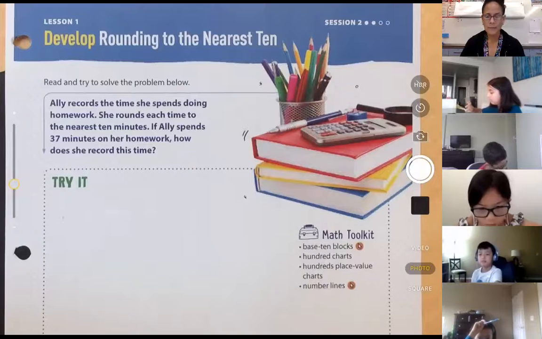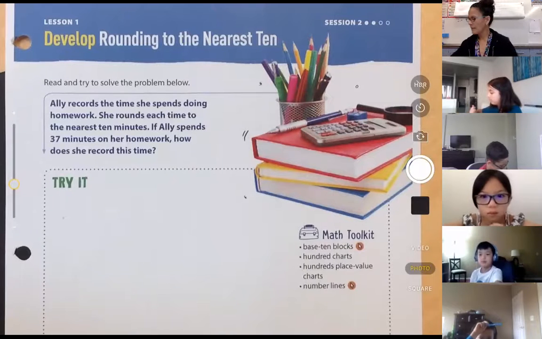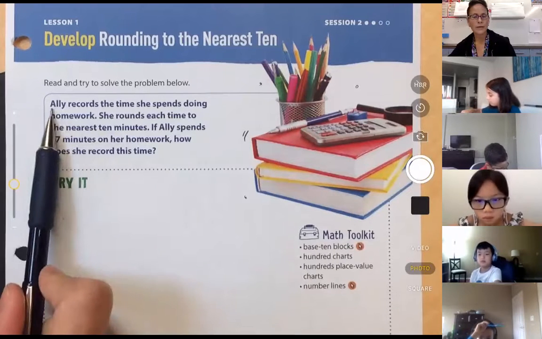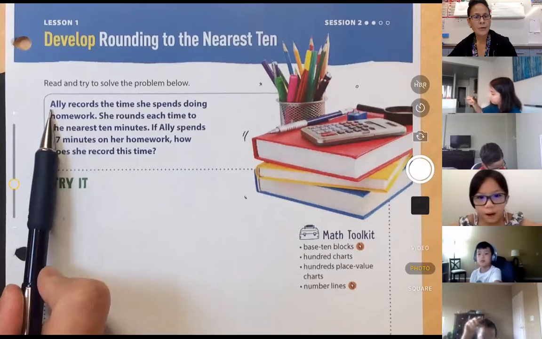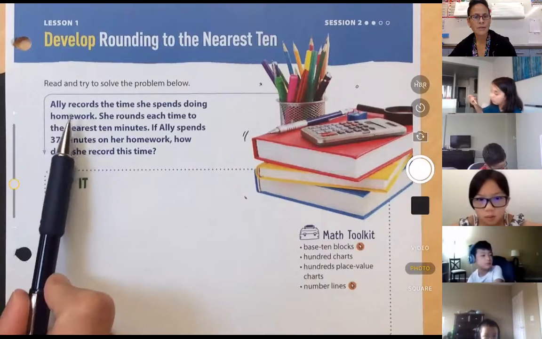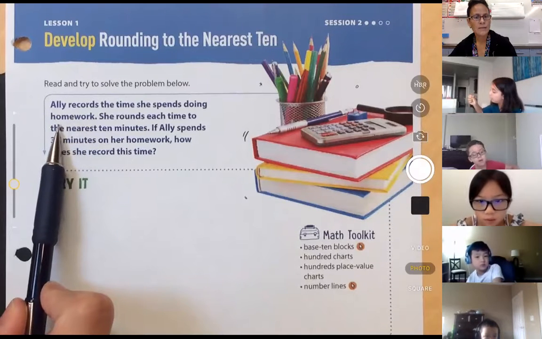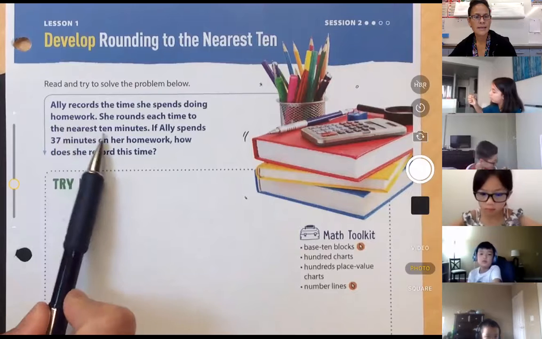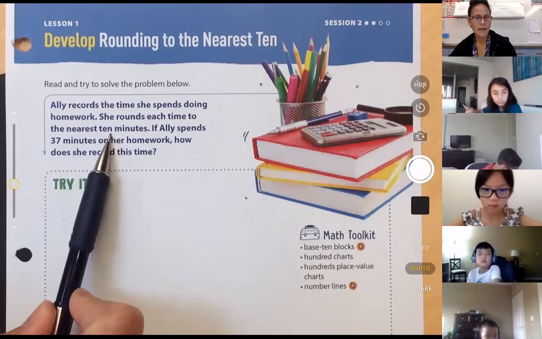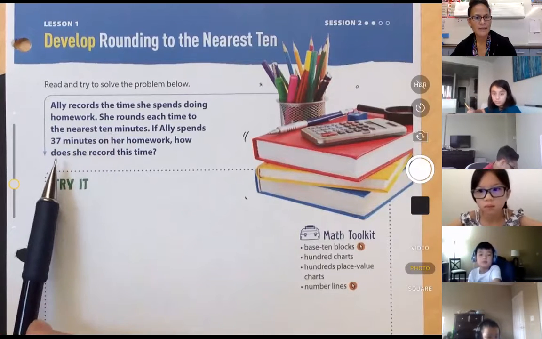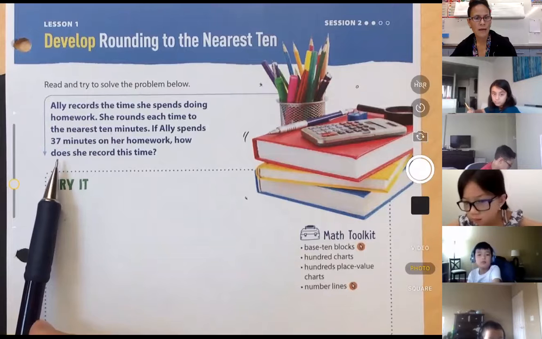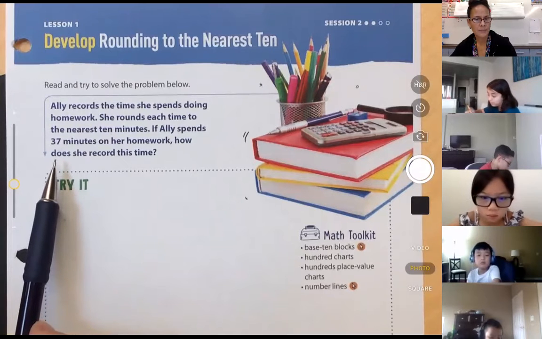So please take a look up at the top, and this is where I will be reading from. Allie records the time she spends doing homework. She rounds each time to the nearest 10 minutes. If Allie spends 37 minutes on her homework, how does she record this time?